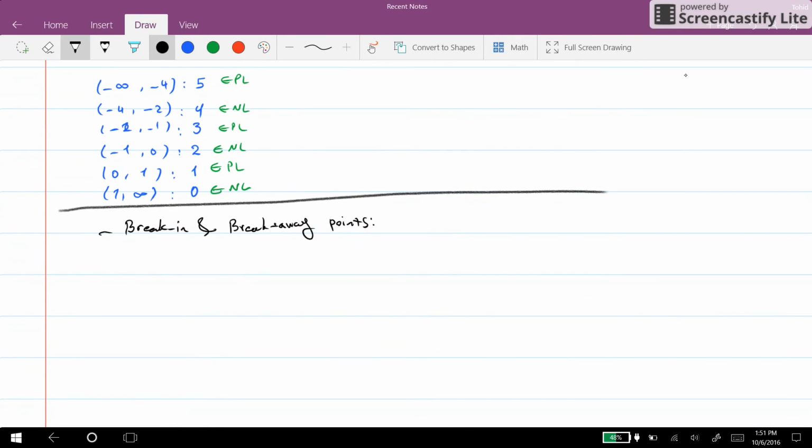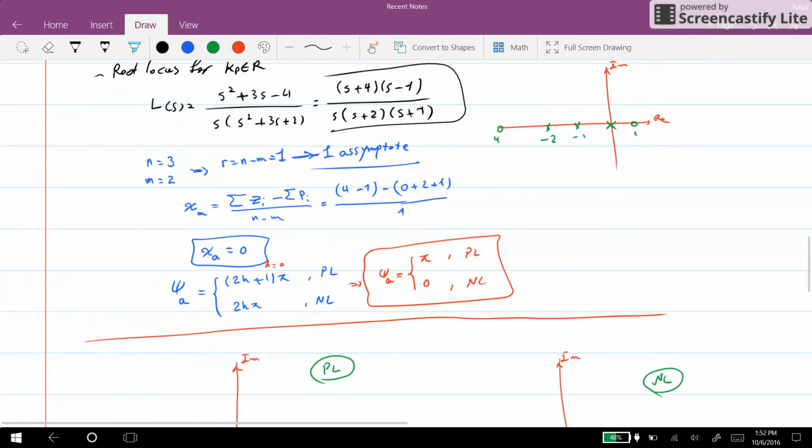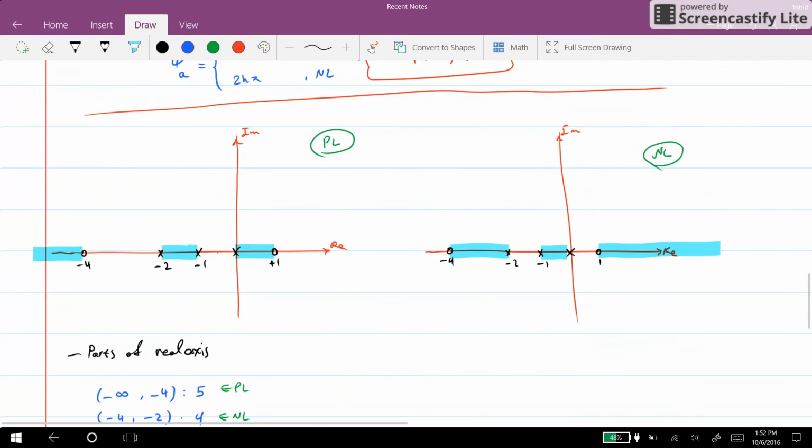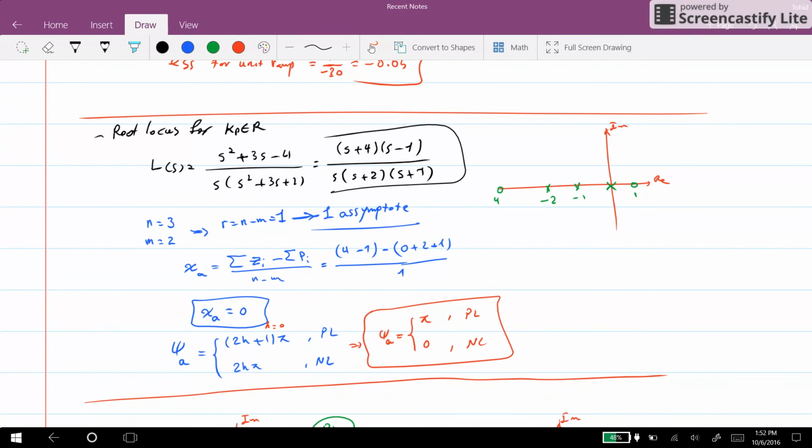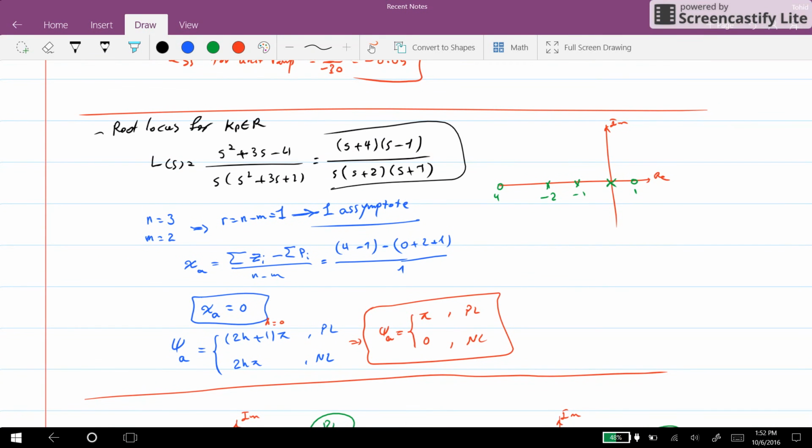Let's write it again. L of S is given as S squared plus 3S minus 4 over S times S squared plus 3S plus 2.